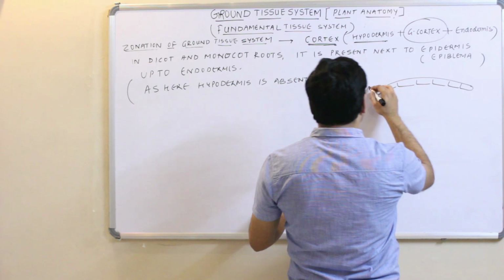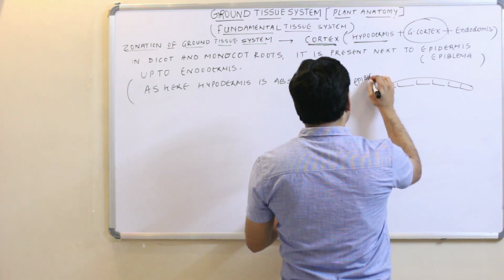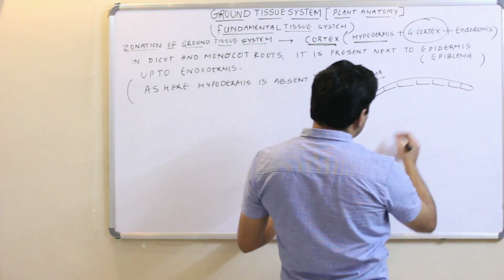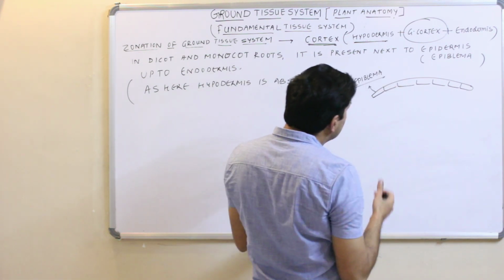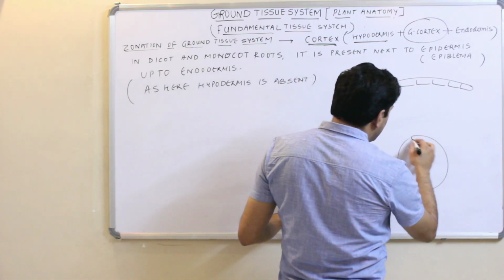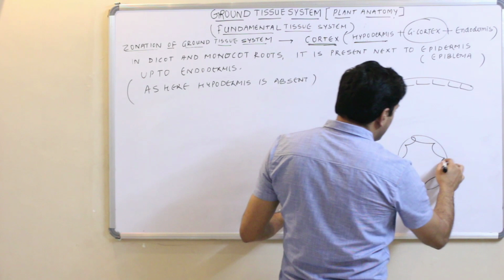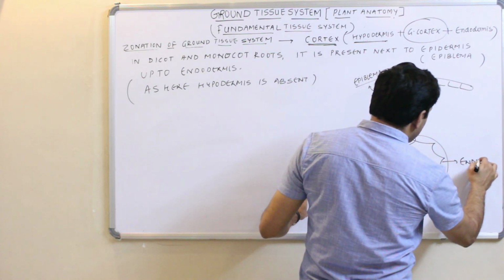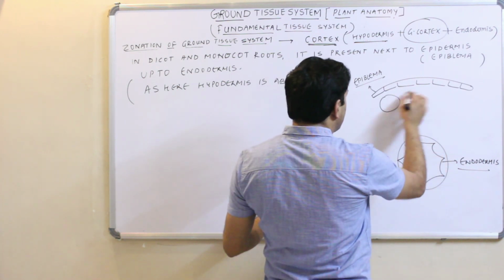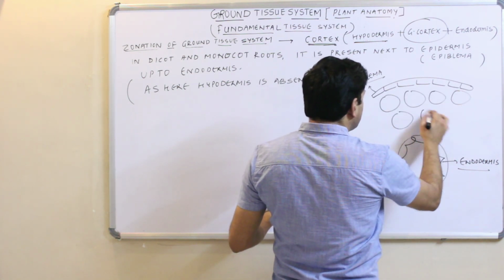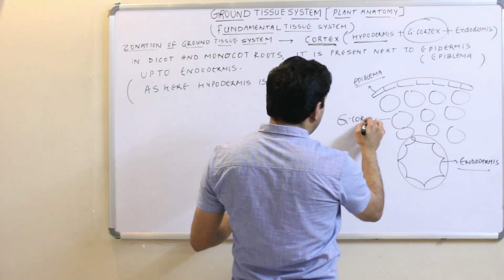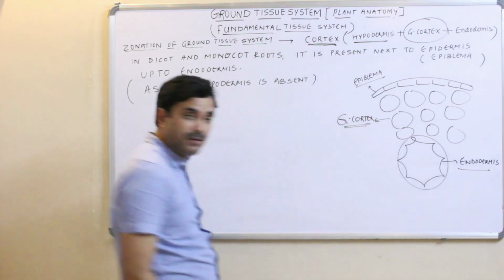So in root, say this is the epiblema, which is the epidermis, and right from next to the epiblema, because hypodermis is absent, here is the endodermis. So right from epiblema up to endodermis, here is the general cortex. All right.